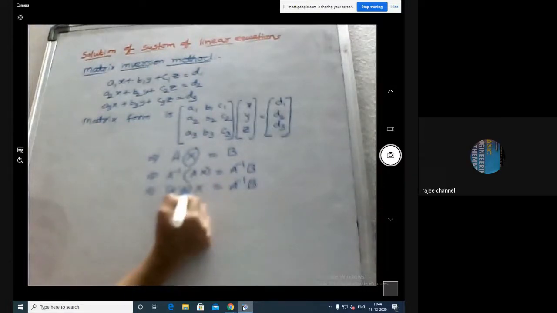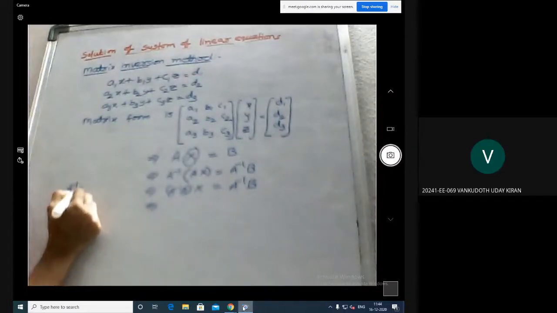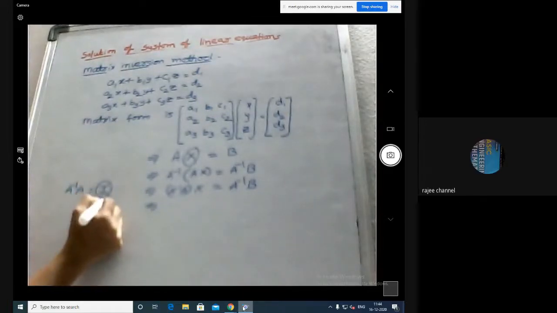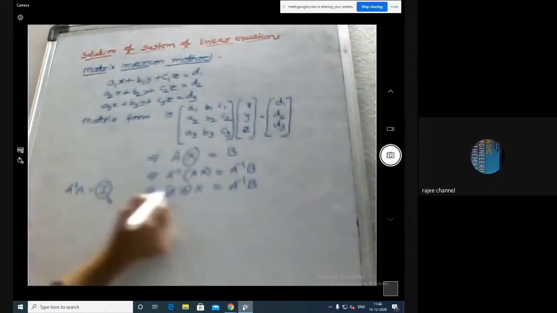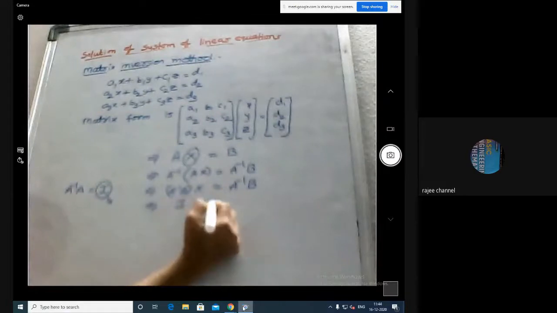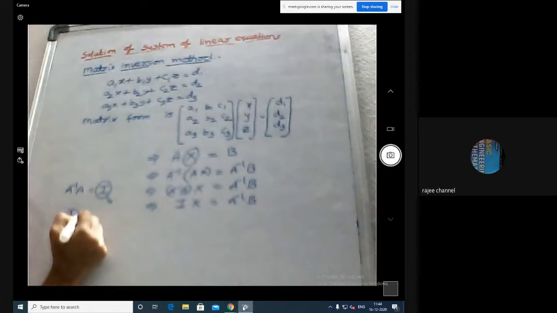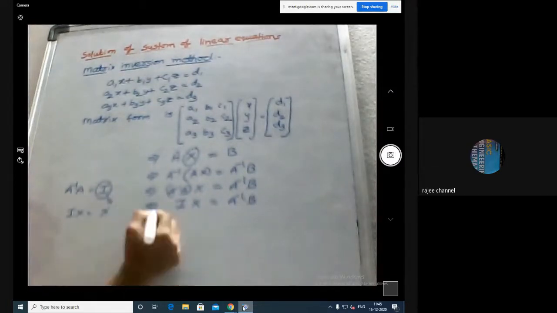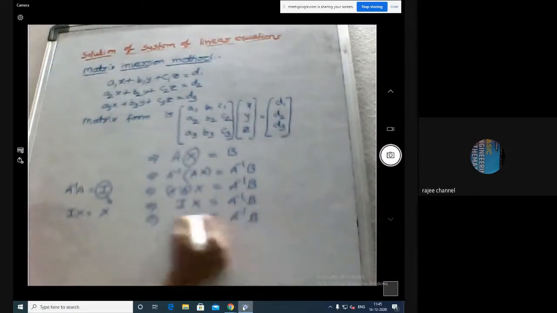By the inverse law, we take capital I. Capital I means the identity matrix. So A inverse A is taken as capital I into X equal A inverse B. Next, I into X is, by the identity law, equal to X. So in the place of IX we take X. X equal to A inverse B. This is the formula.